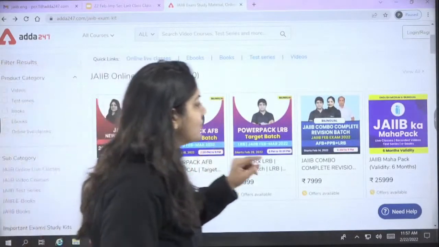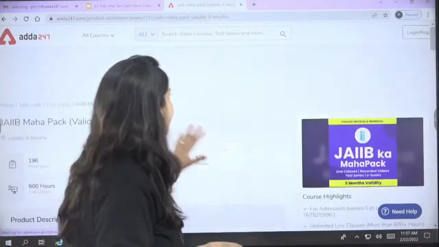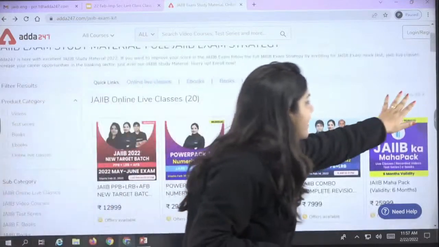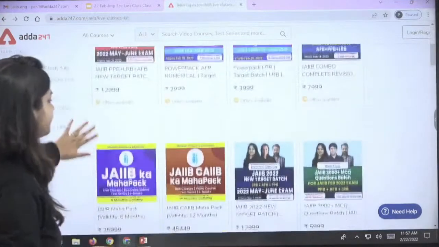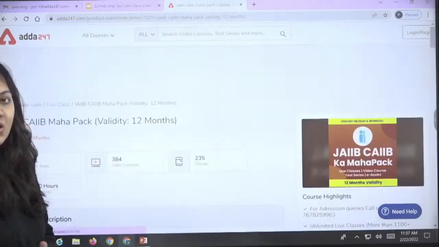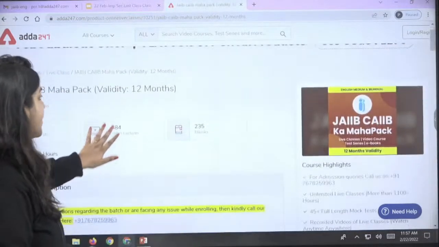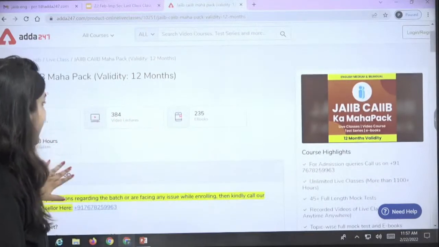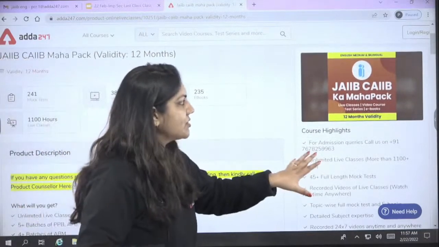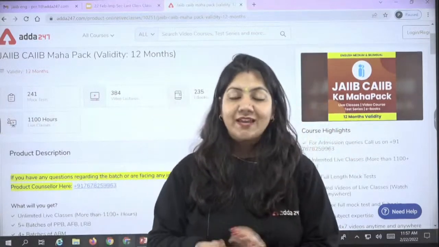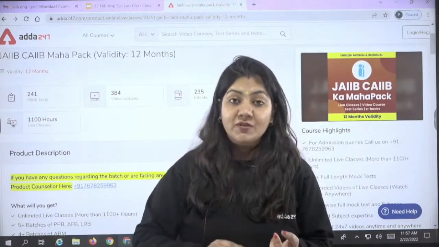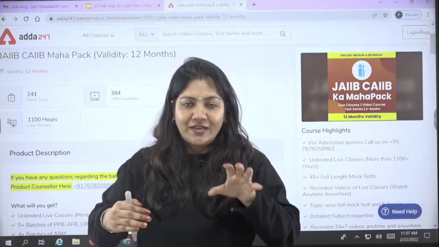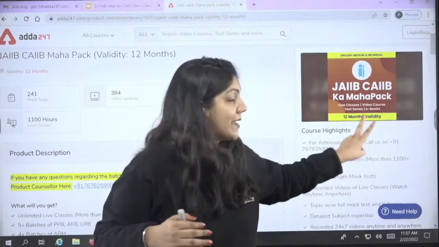And for those candidates who are freshers in this session, what I generally advise is to purchase the JAIIB Maha pack. Why am I saying this? Because the validity is 12 months. Within 12 months, it contains all the batches of JAIIB and CAIIB, in English medium and also in bilingual medium. So just make a target that in 2022-23 you have to crack both papers.